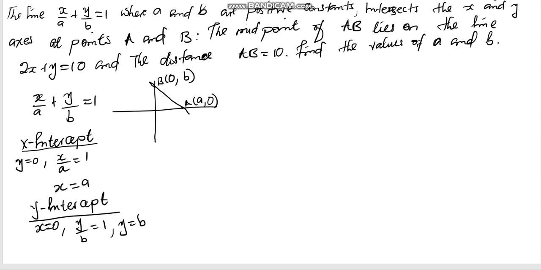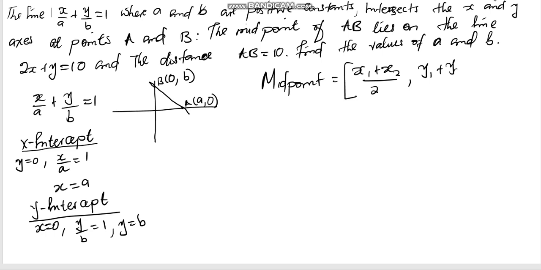The formula for the midpoint of AB is x1 plus x2 divided by 2 comma y1 plus y2 divided by 2.